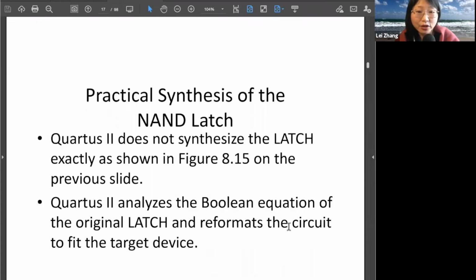Practical synthesis of the NAND latch mainly talks about Cortex 2, so I will just skip this. When you do your lab work, you will get hands-on exercise with Vivado to implement latch and flip-flop.